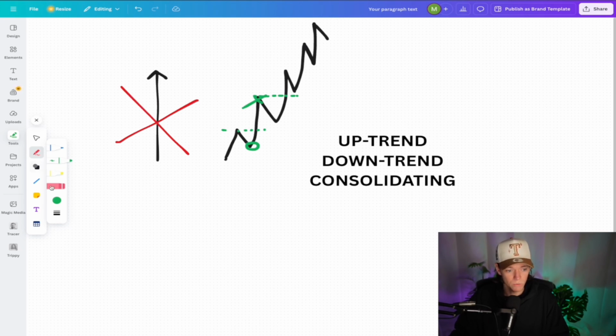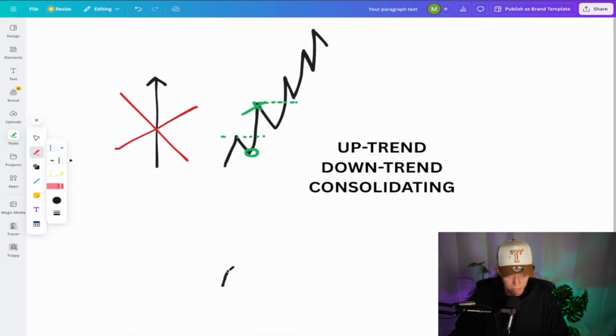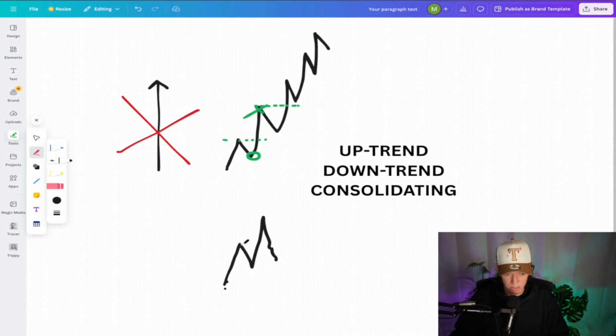Now this is where it gets tricky. Price will tend to do this. It'll go up, break the high, but then it might come down here. And then people go, oh, it broke this last high back down below, so it looks like we might be reversing, and then it comes back down to this point.